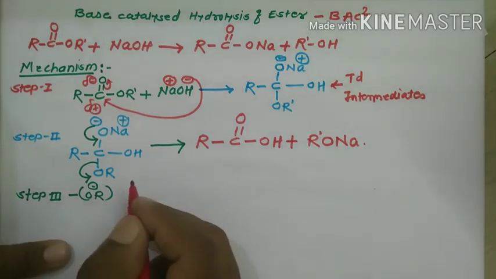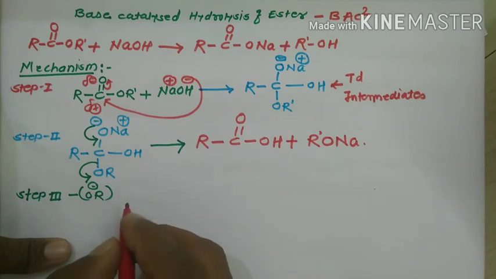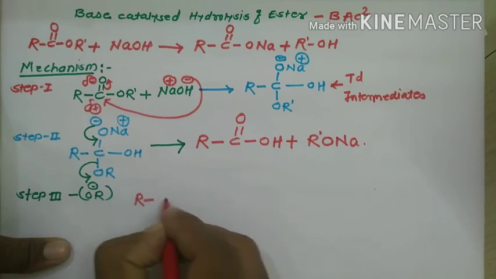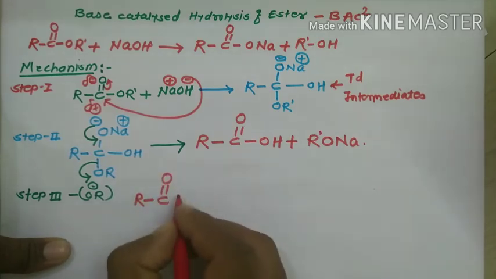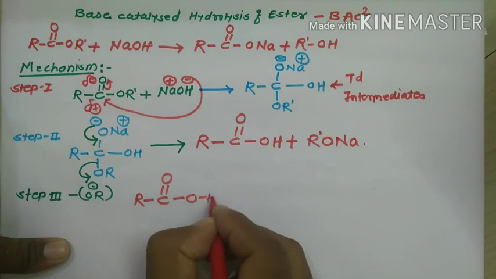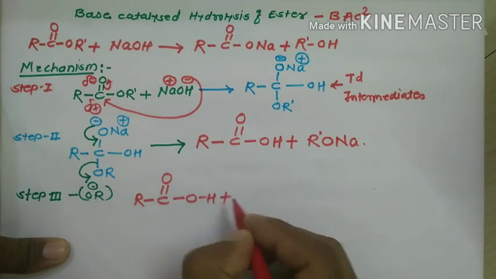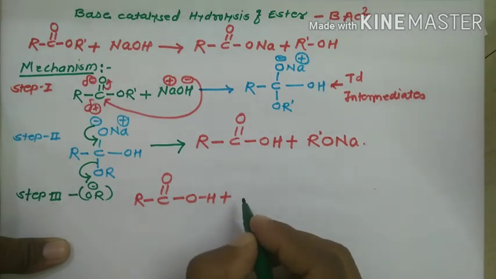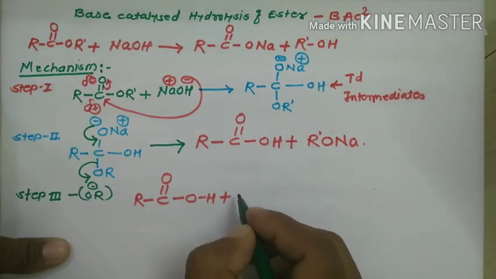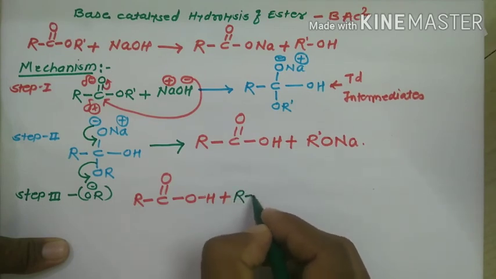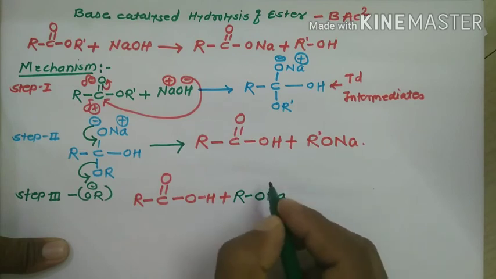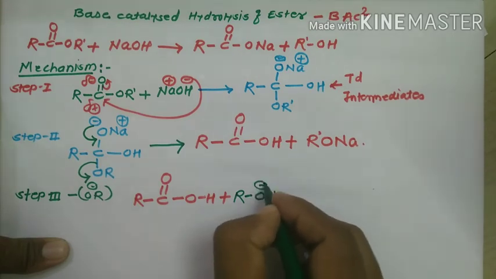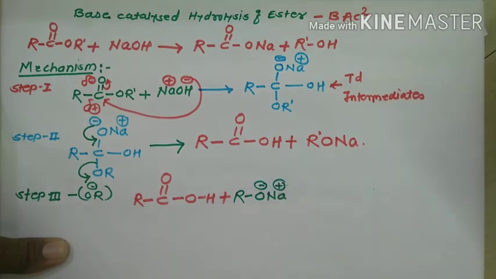In step third, the acid proton, that is R-C double bond O-OH, and the alkoxide ion, which is highly basic, the base fast abstracts H plus from the acid molecule, giving R-O-Na, O minus ions and Na plus ions.